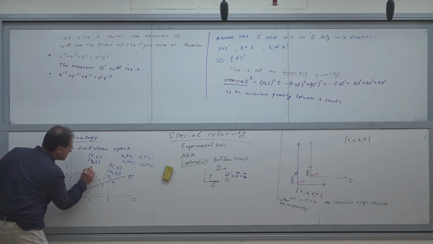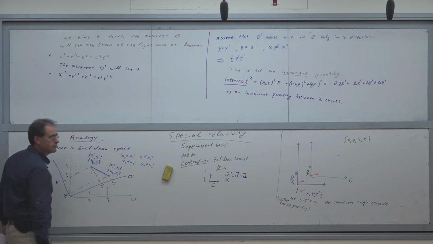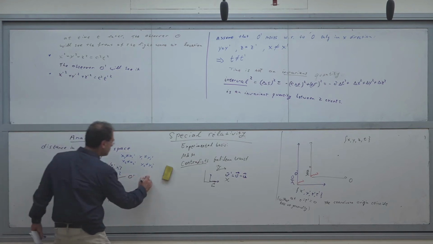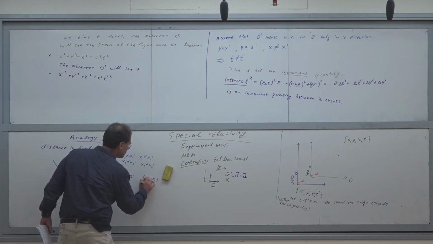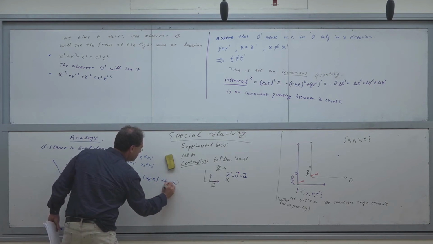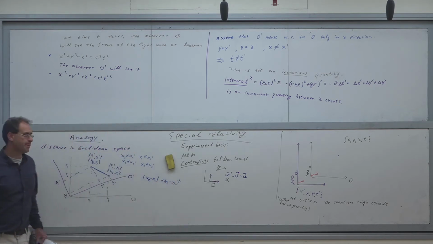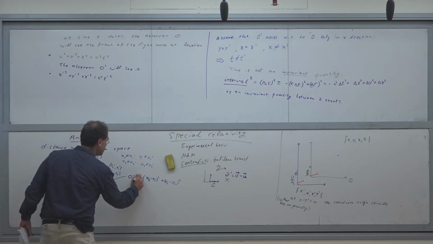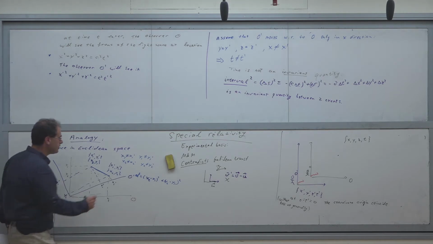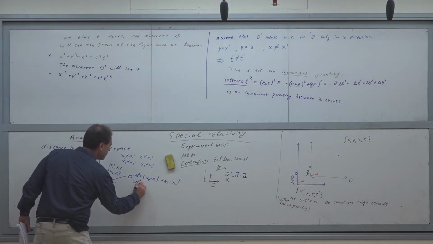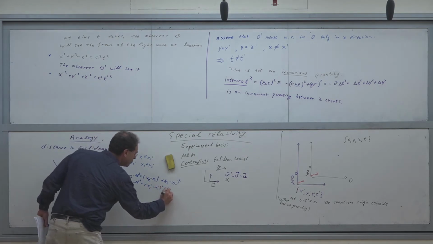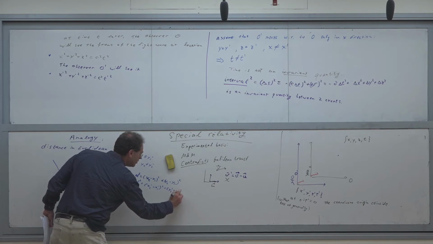But what about the distance between them? And what is the distance? The distance is x2 minus x1 squared plus y2 minus y1 squared. This is d squared. And this is of course equal to d prime squared, which is x2 prime minus x1 prime squared plus y2 prime minus y1 prime squared.